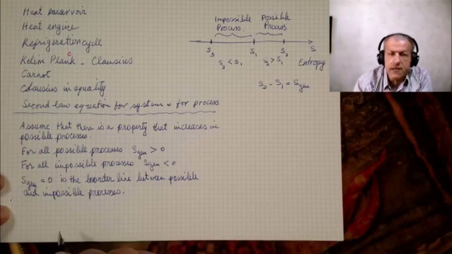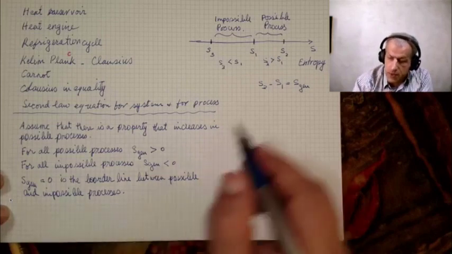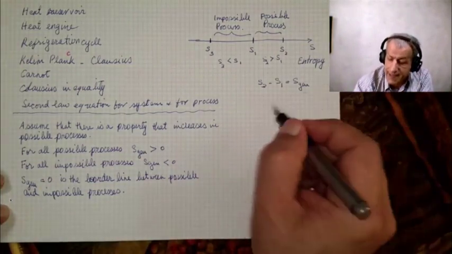Sgen equals 0 is the borderline. So this was the axis that I drew for S.